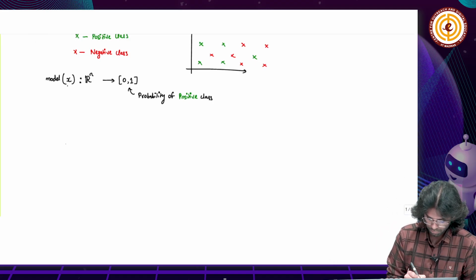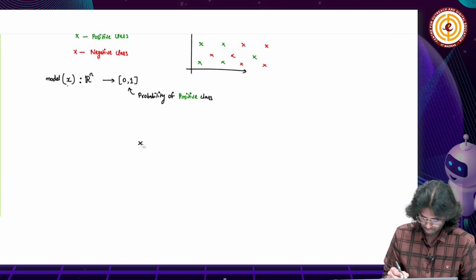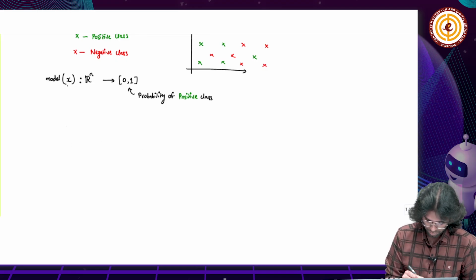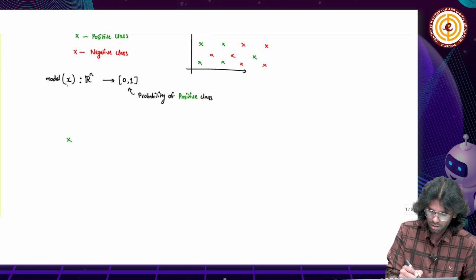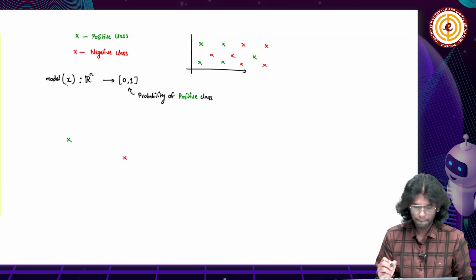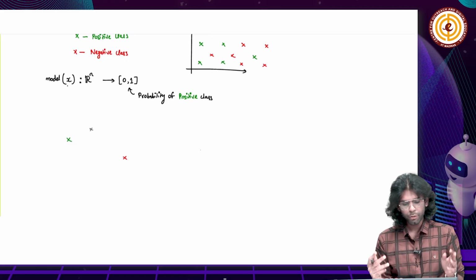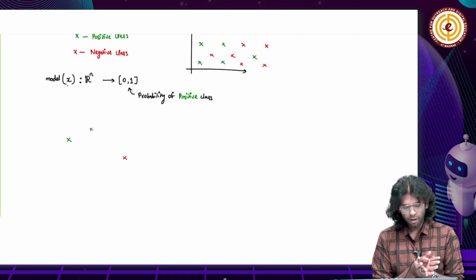Suppose I have these two neighbors in my data set. I'll color these as well. So I have a green point here and a red point here, and now suppose my point was here. Which one would be the closest neighbor for this gray point?